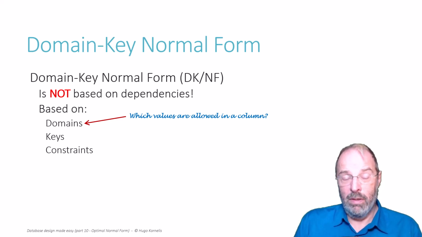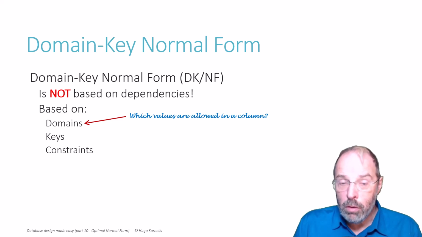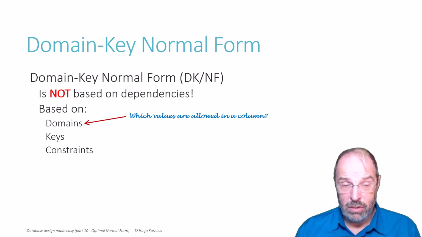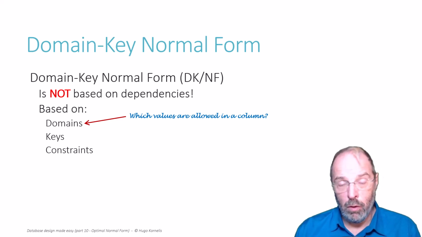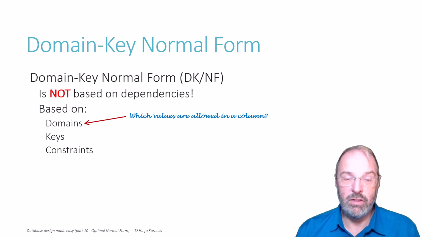Can this column contain the null marker or not? That's also part of the domain. And finally, a subset of check constraints are definitely part of the domains. Like, for instance, a constraint that says the value in the column percentage shall not be less than 0 or more than 100. That is definitely a domain because it restricts the values in a column.